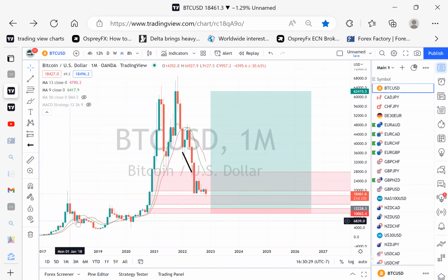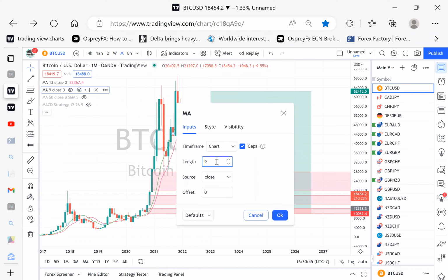So if we look at this chart, when Bitcoin had that meteoric rise, we could have probably used a 5 and a 7, right? So let me look at this 5 and 7 real fast.